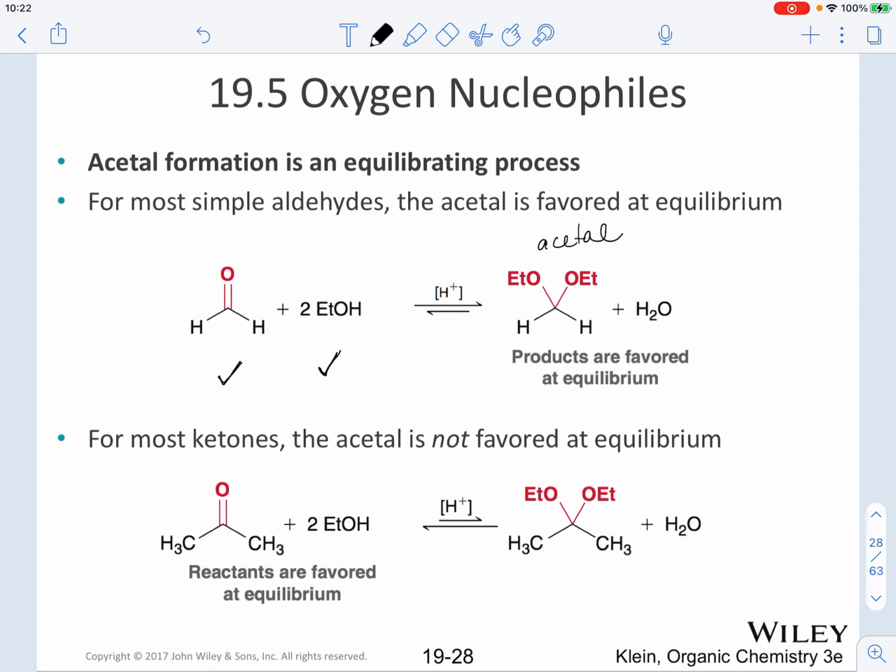Understand that for most ketones, the acetal is actually not favored at equilibrium. In this case, the reactants are the ones that are more favored during equilibrium.